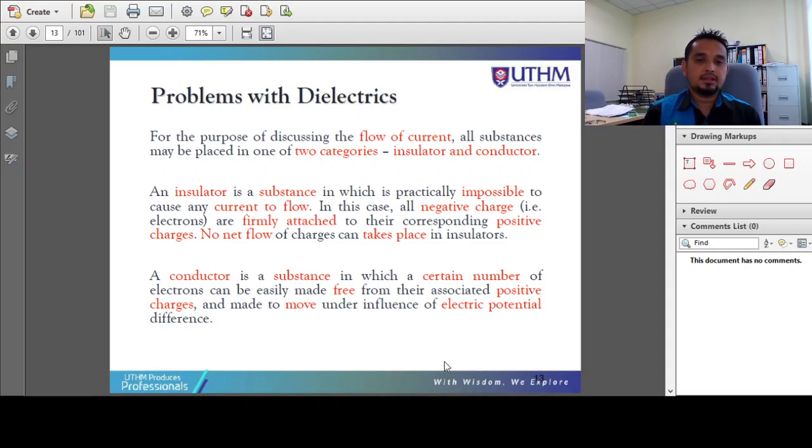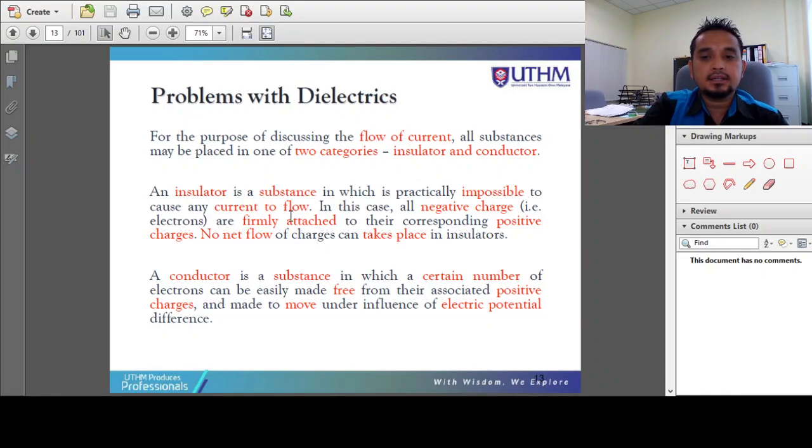The problem is the breakdown of the materials, in which there are some external factors and some intrinsic factors that promote the breakdown. Breakdown means the malfunction of the dielectric material to serve as insulator.